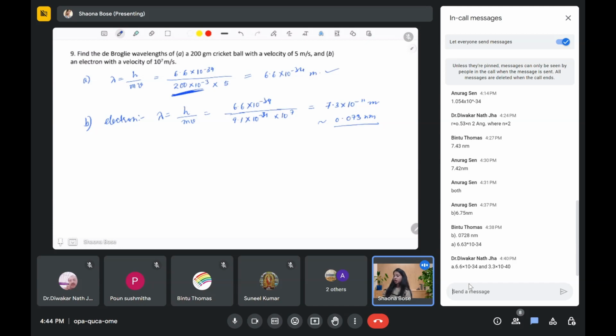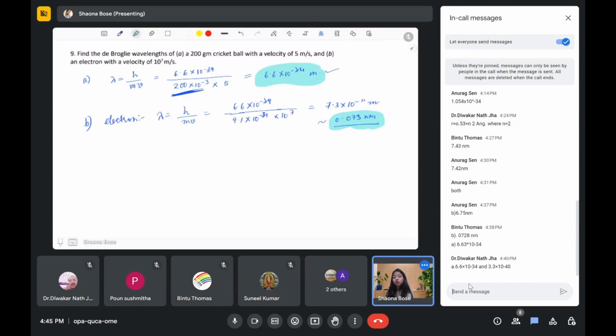So as you can see, just compare both of these. For the cricket ball, you have a wavelength which is extremely small, right? And for the electron, you have a wavelength which is comparable to the dimension of atoms. That is why we use the wave nature of electrons to study electrons and atoms.